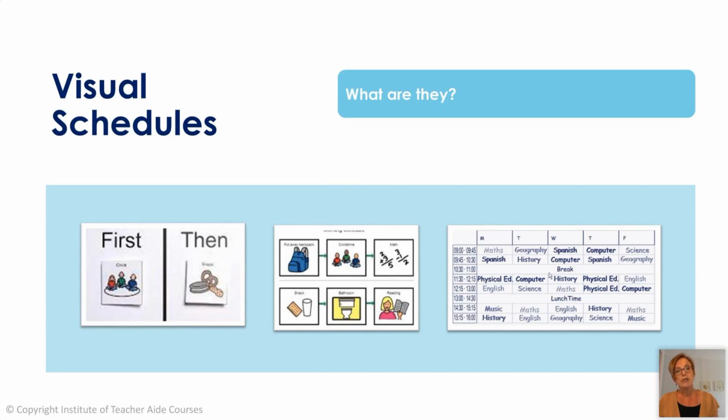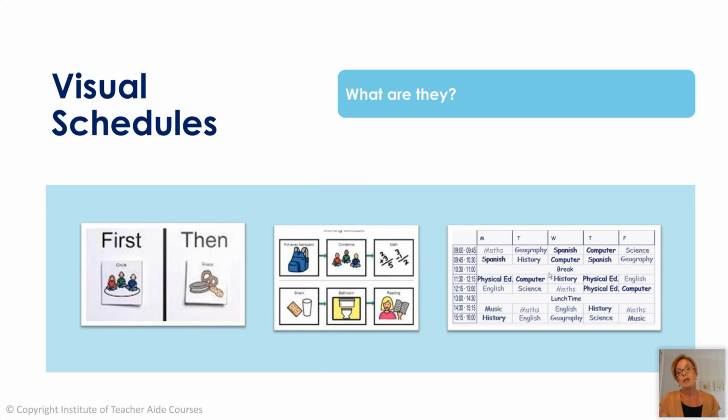Now when I say a visual schedule, it could be known as a visual timetable. It's basically a visual display of information, of events. The visuals can be real objects, or photographs, or pictures, or words.